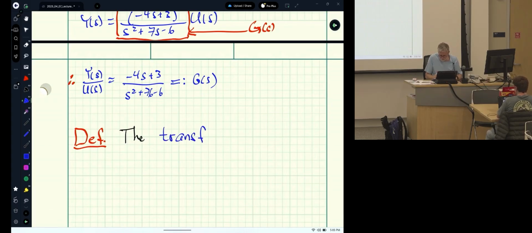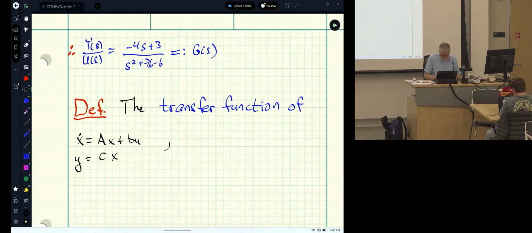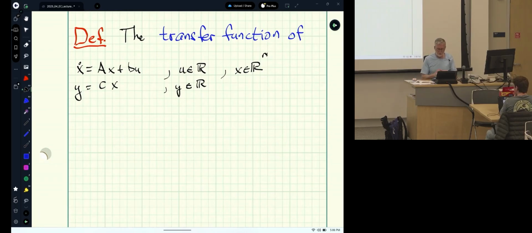The transfer function of x dot equals Ax plus little bu, y is cx, u is scalar, y is scalar, x can have n components, transfer function of that differential equation.